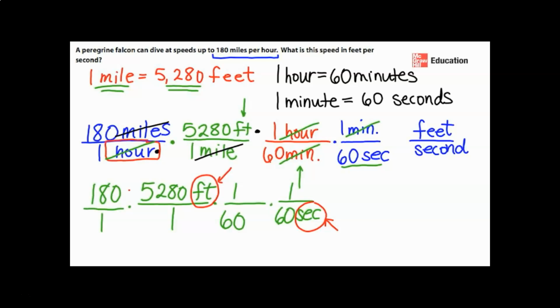180 times 5,280 is 950,400. The unit in the numerator is feet. Over, we've got 1 times 60 times 60, which is 3,600.